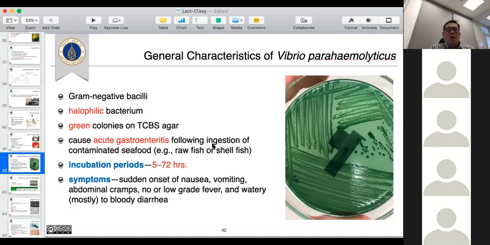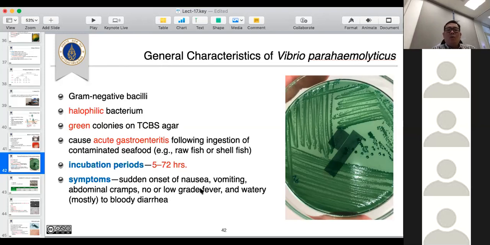So in some cases, you probably go to travel and eat seafood that is not fresh. If you leave seafood for a while, Vibrio parahaemolyticus starts growing and contaminates, and they produce some toxin, and then you get sick from those bacteria.